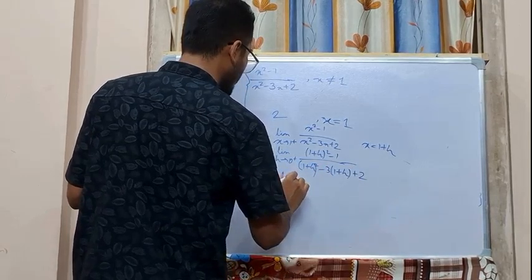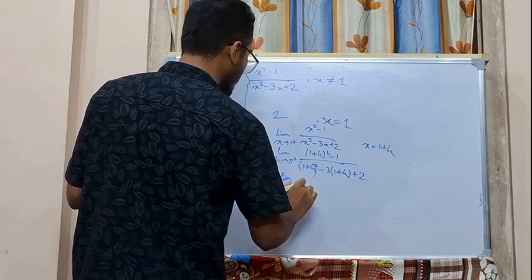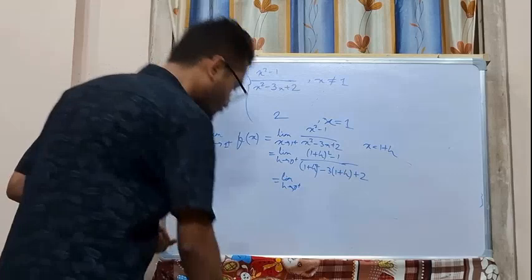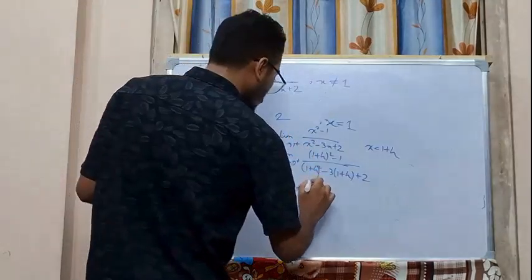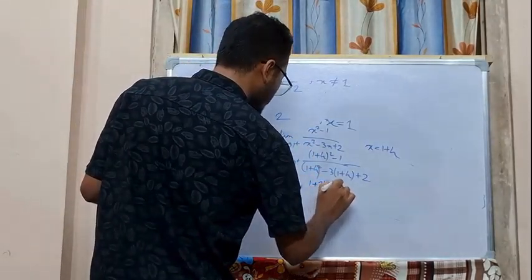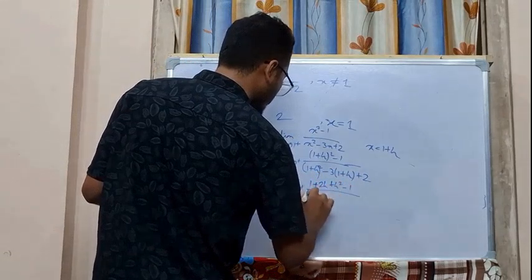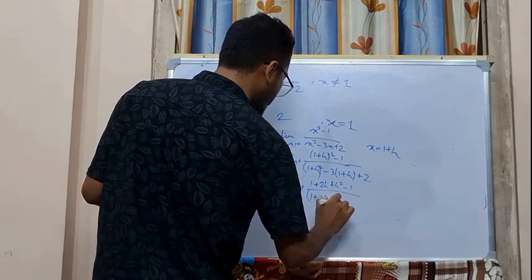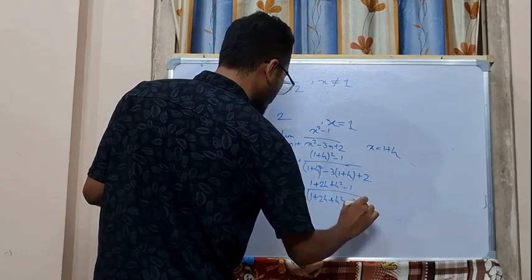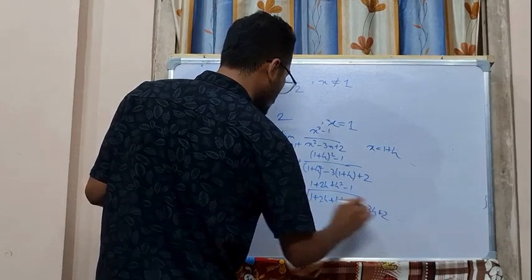That says limit h tending to 0 plus, 1 plus 2h plus h square minus 1 by 1 plus 2h plus h square minus 3 plus 3h plus 2.